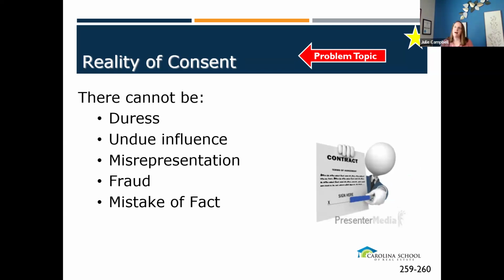So this reality of consent, this mutual assent, back to what we said at the beginning, the parties have to enter into the contract voluntarily. And if you don't have a reality of consent, you don't have mutual assent. If you don't have mutual assent, then you're missing an essential element and we don't have a valid contract. Questions so far?